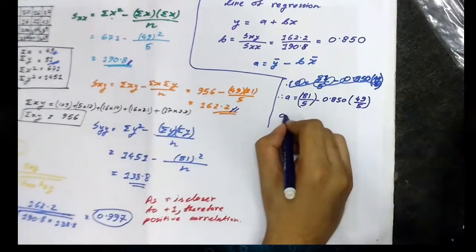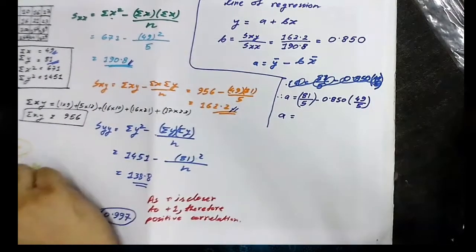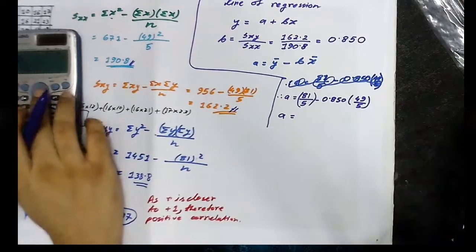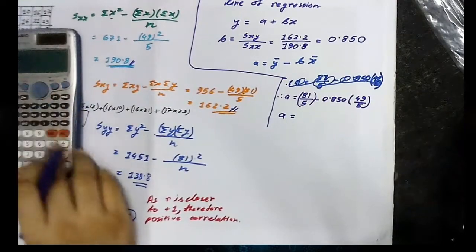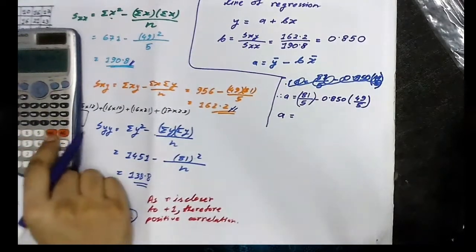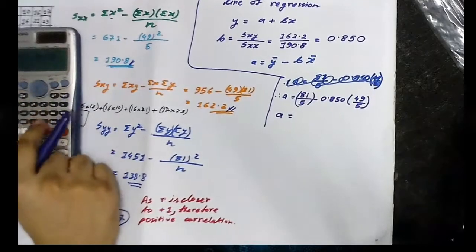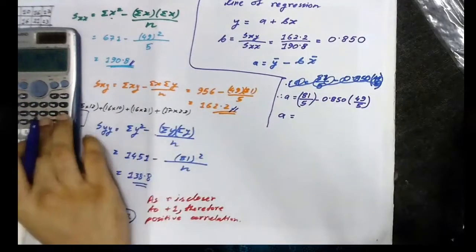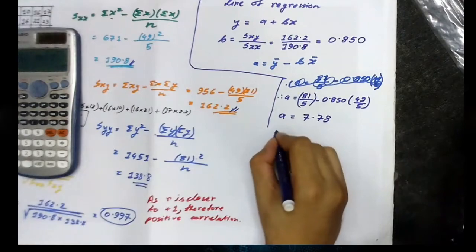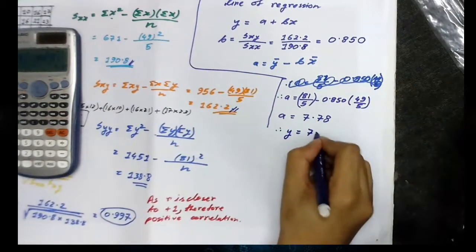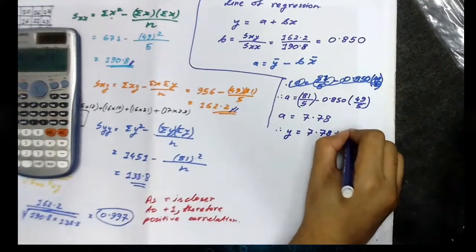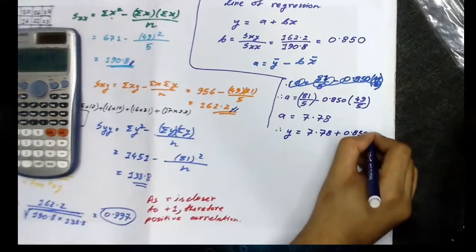So therefore, our answer for a is 7.78. So y is equal to 7.78 plus 0.850x.